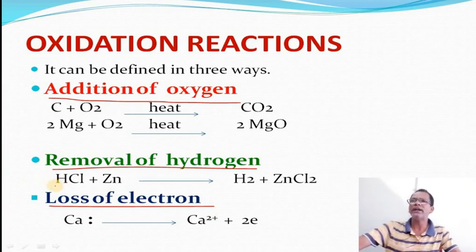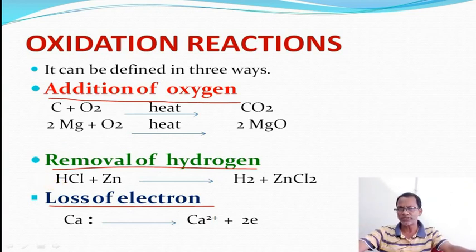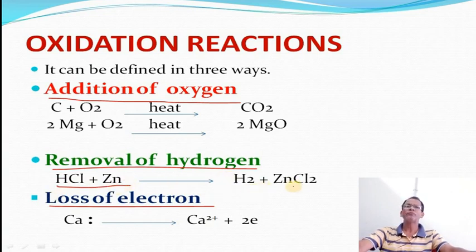Oxidation is also called removal of hydrogen. When zinc metal reacts with hydrochloric acid, forming hydrogen gas and zinc chloride, if you see, zinc is converted to zinc chloride.